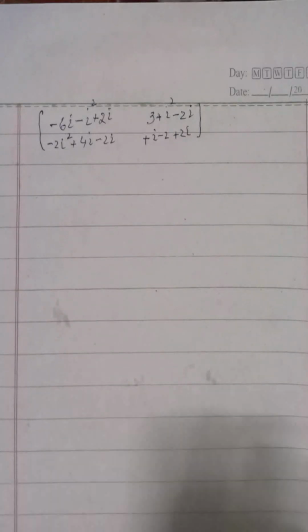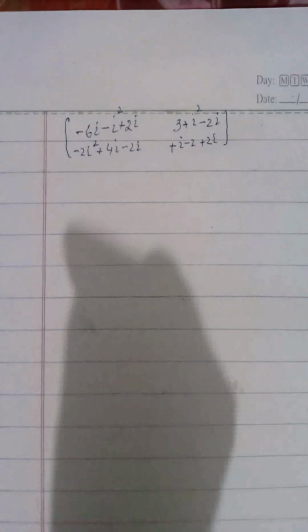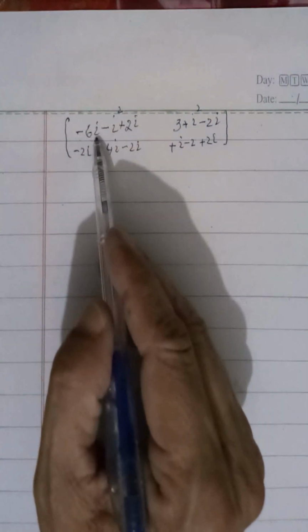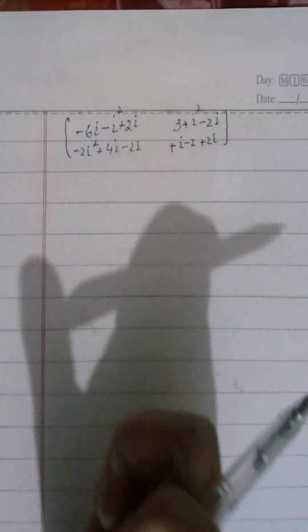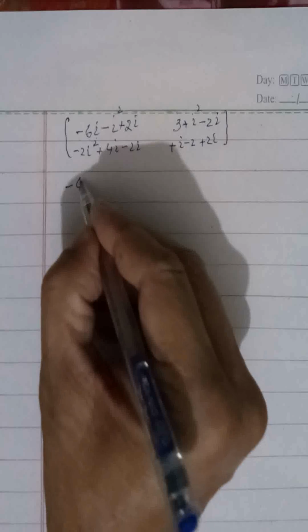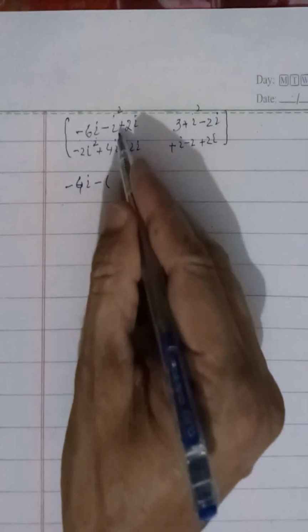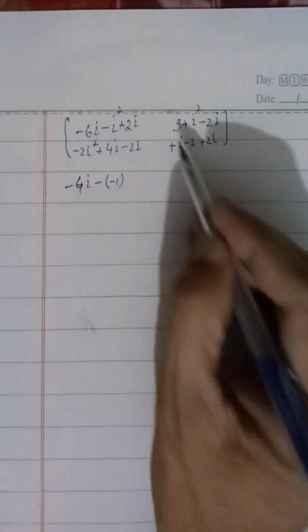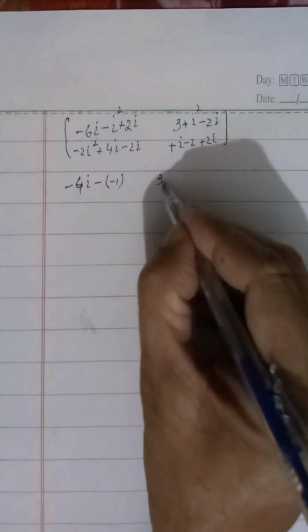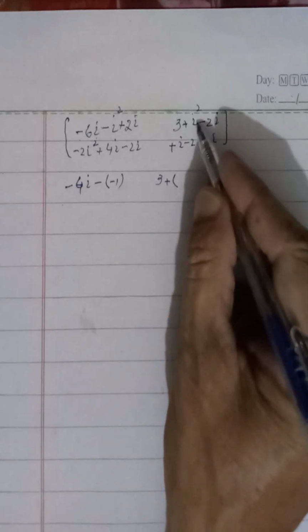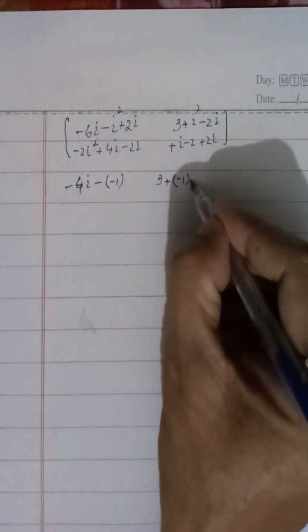Now simplify these values, we get minus 6 iota plus 2 iota. We get minus 4 iota and minus iota square is equal to minus 1. And next is 3 plus bracket iota square is equal to minus 1, minus 2 iota.